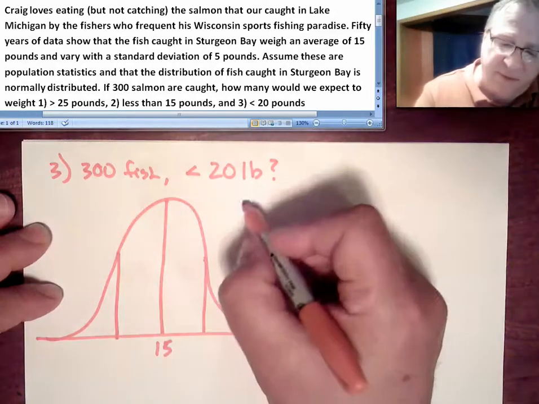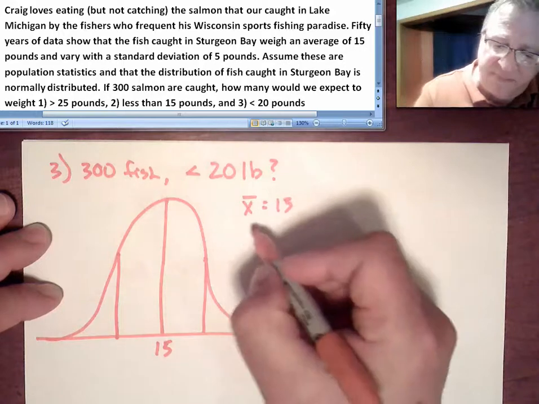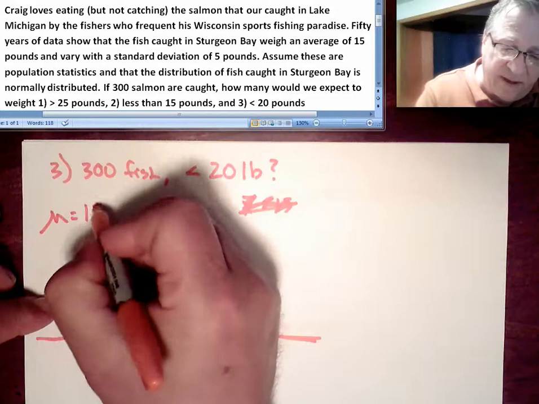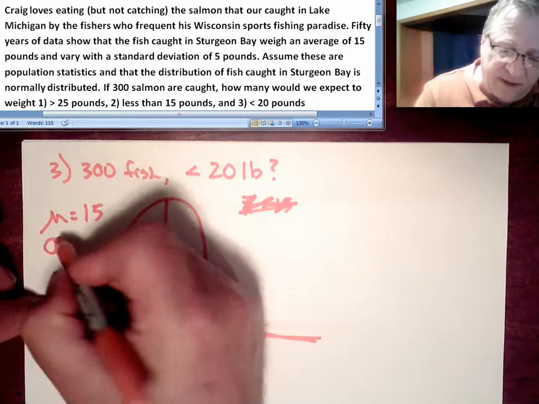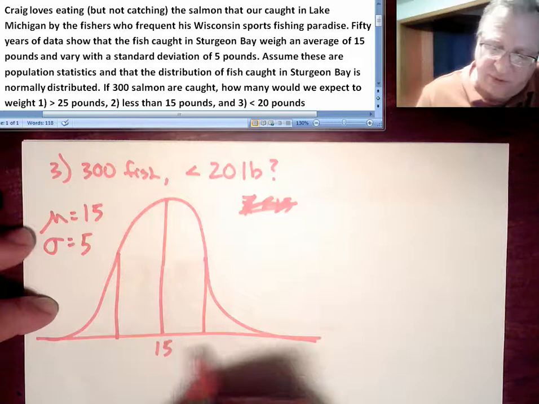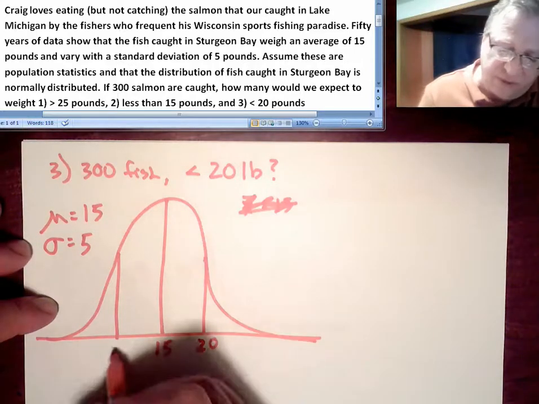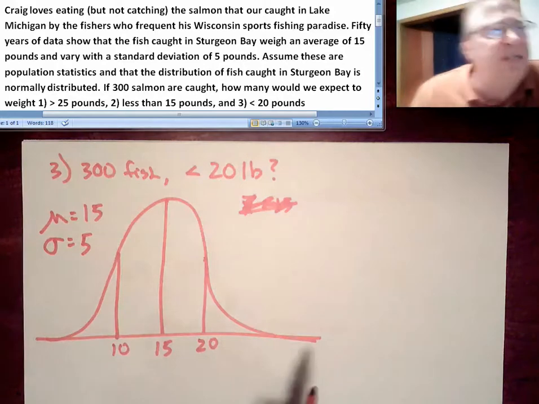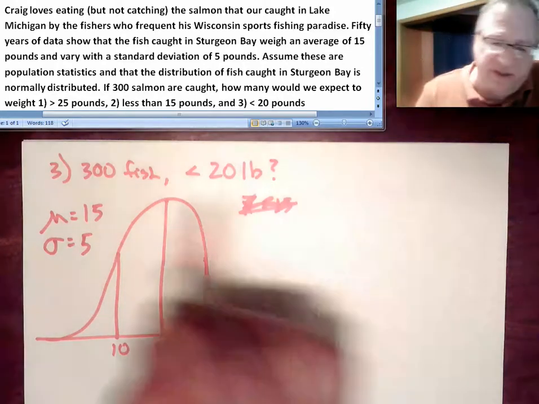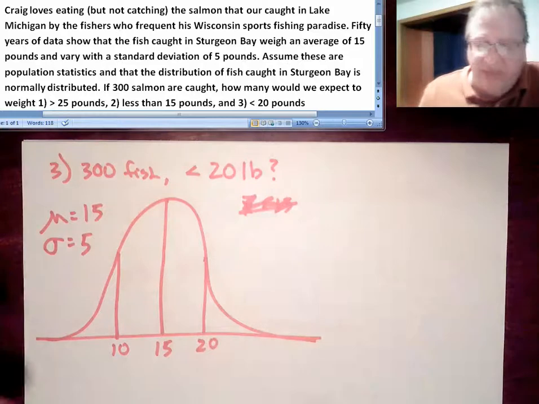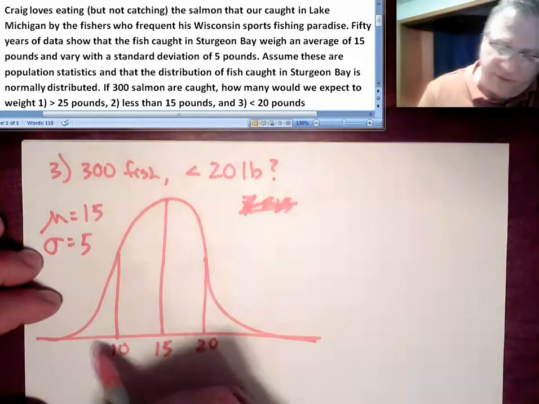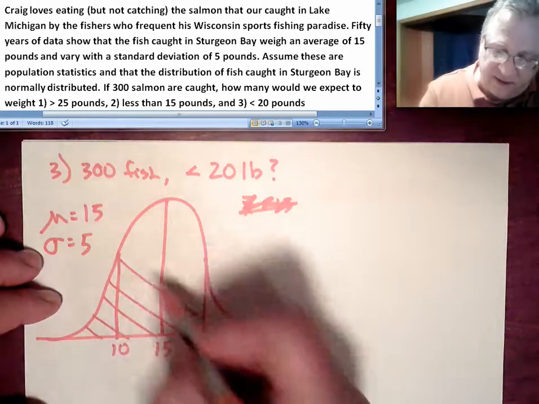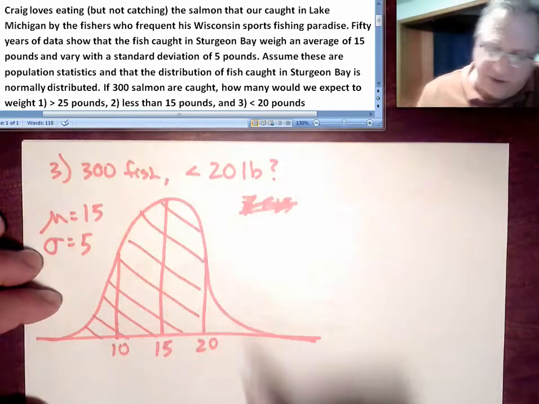Mu is 15 and sigma is 5. So 1 standard deviation takes us up to 20. Subtracting 1 takes us down to 10. The question is, how many of these 300 fish do we expect to weigh less than 20 pounds? So we're looking for an area under the curve that's less than 20, which is all of that.